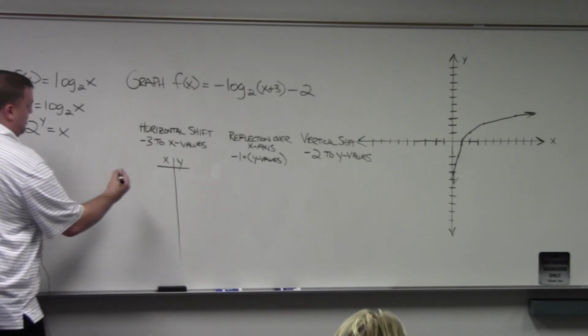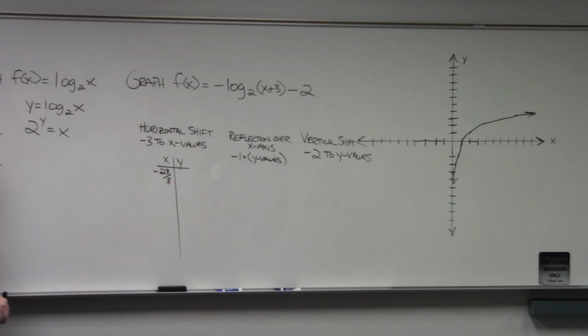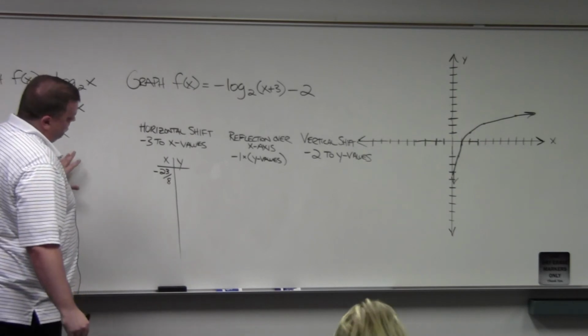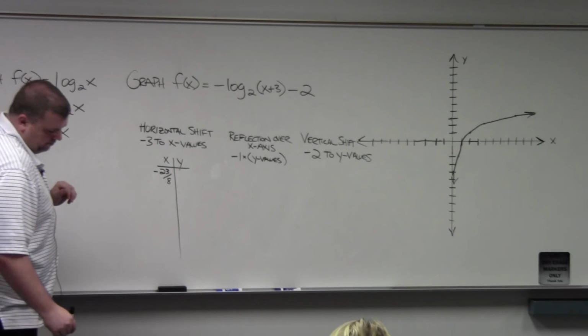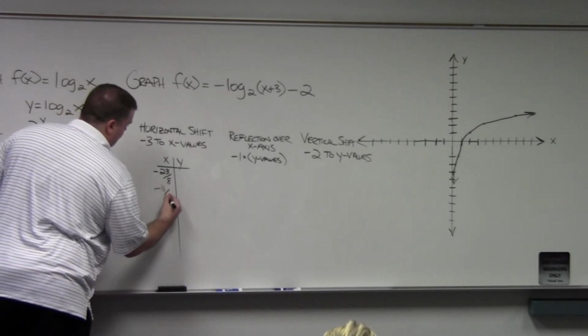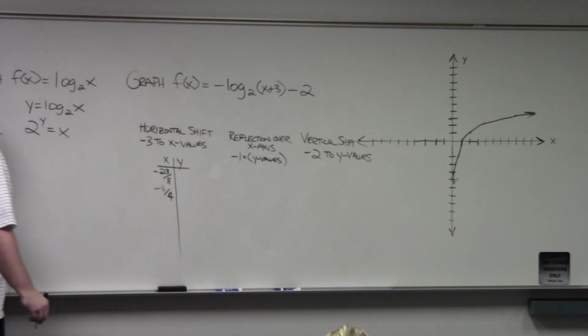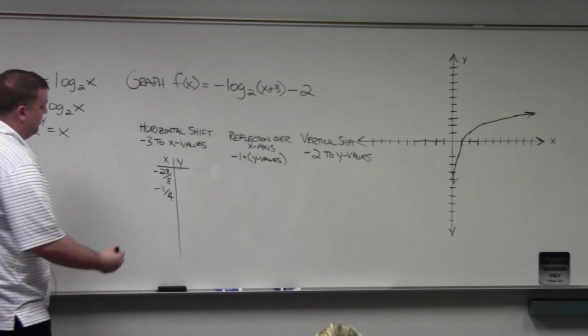Negative 23 over 8. Negative 3 plus 1/4. Negative 3 plus 1/2. Negative 5/2.